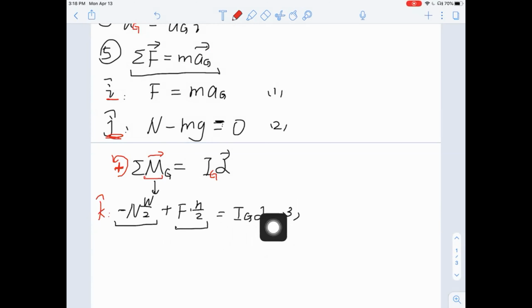What is alpha? What does alpha mean in chapter 2, rigid body kinematics? Alpha is acceleration. What acceleration? It's angular acceleration of the rigid body.